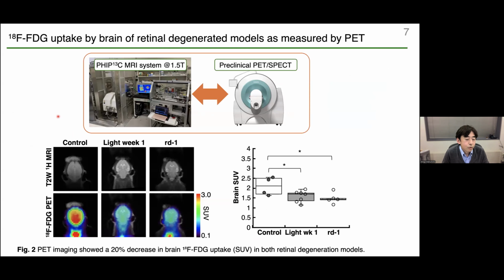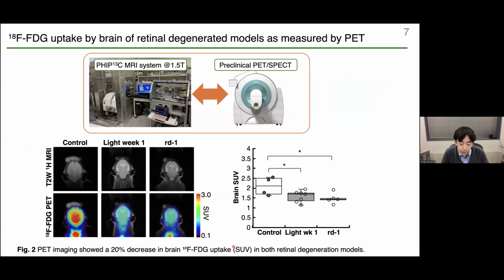For the non-invasive imaging study, we have our carbon-13 MRI system, which can be combined with preclinical PET and SPECT scanners in our university. At first, we conducted F18-labeled fluorodeoxyglucose PET imaging to investigate brain glucose uptake.